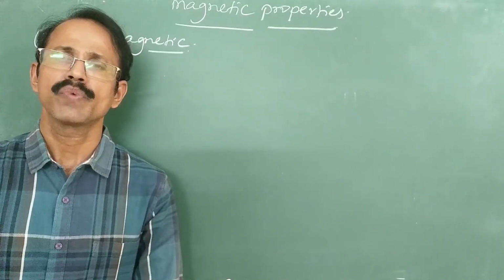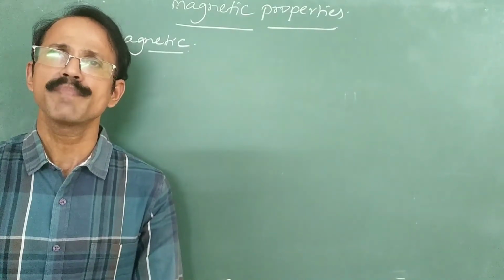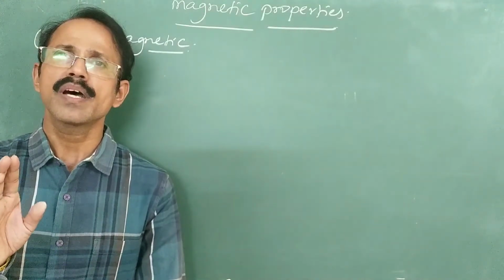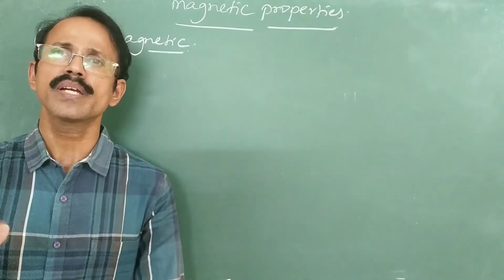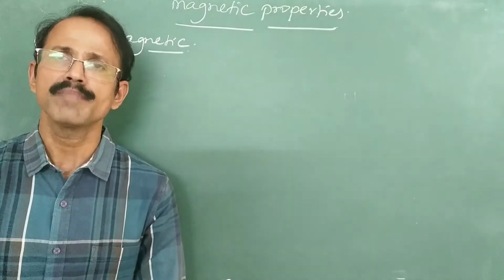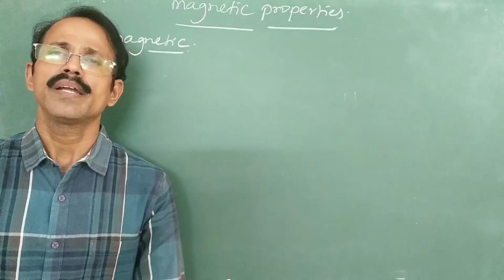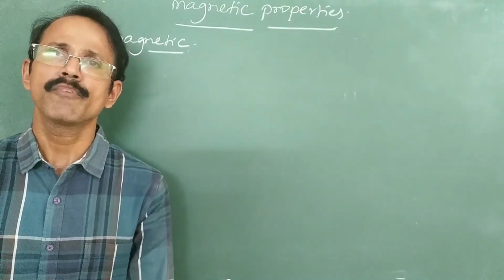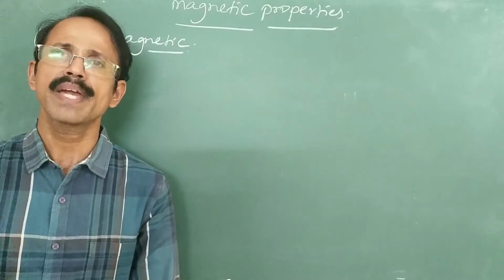So when you keep a ferromagnetic substance in a magnetic field, the magnetic domains are aligned in a single direction, so that the magnetic field increases by several times. And this alignment remains even if you take the ferromagnetic substance outside the magnetic field.